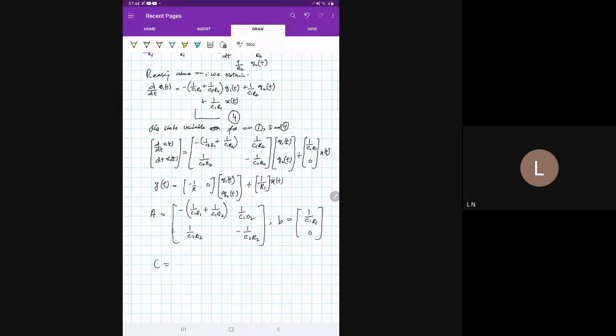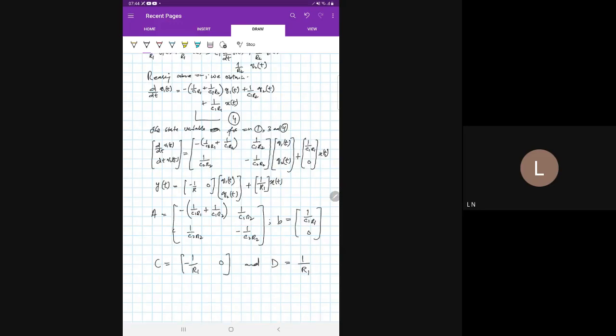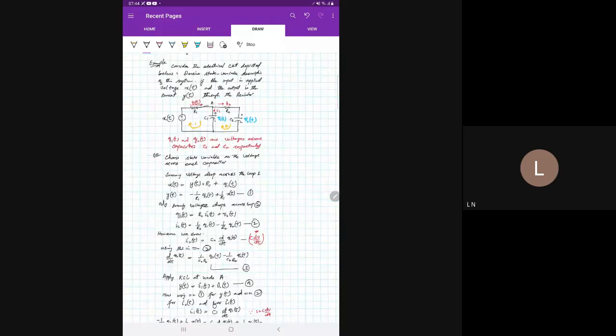Similarly, vector C is equal to minus 1 by R1 and 0, and scalar D is equal to 1 by R1. So these are the values of A, B, C, and D for this system.